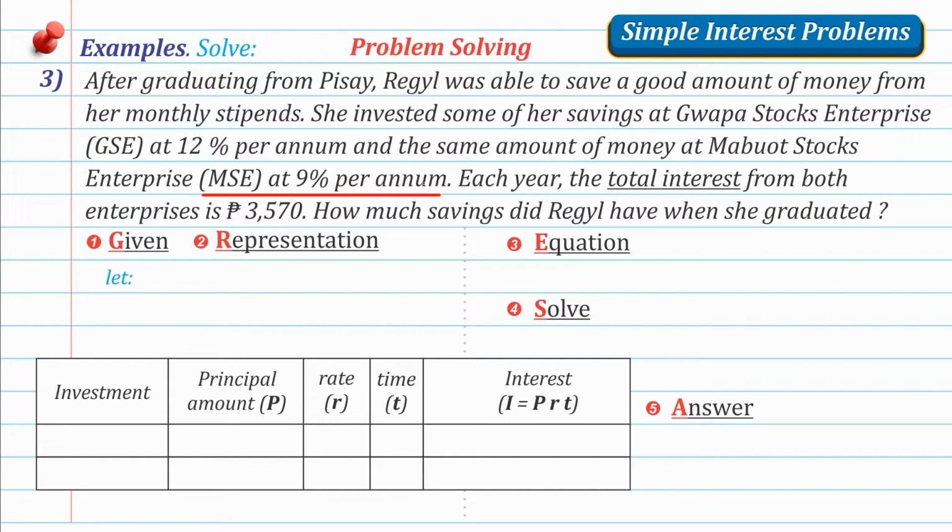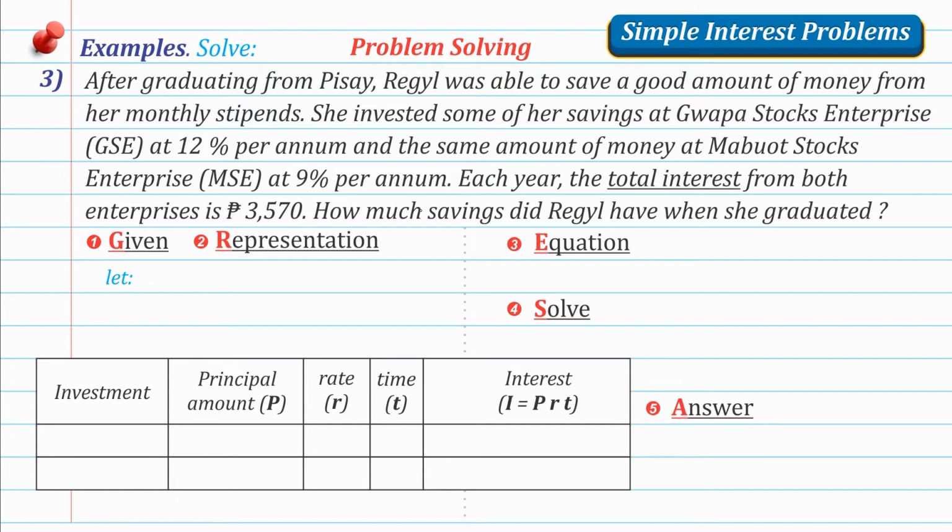So take note, there are two investments, GSE and MSE. One is at 12%, the other is at 9% per annum. Now, each year, the total interest, yung total nakita from both enterprises is 3,570. How much savings did Regil have once she graduated?